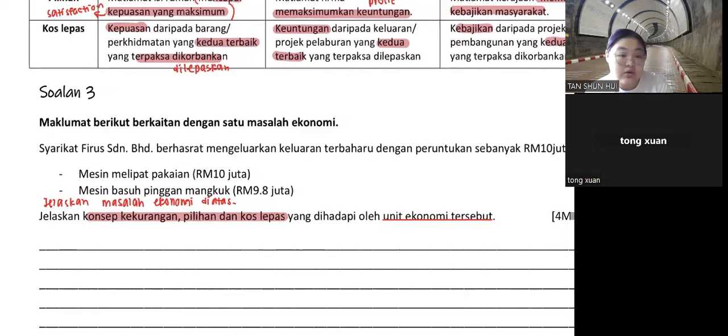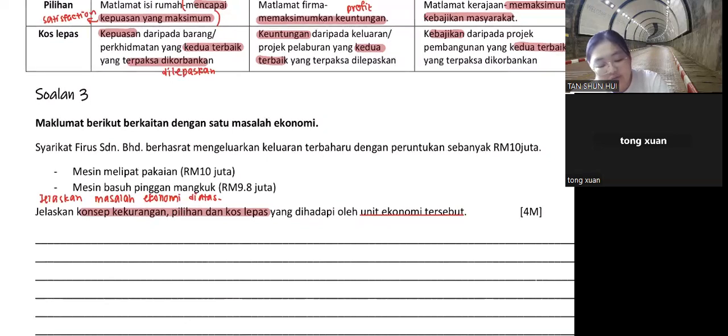So let's read the story. They said syarikat virus sendirian berhad. Syarikat virus is a firma. So your first mark comes already when you tell me this is a firma. And then they say it berhasrat mengeluarkan keluaran baharu dengan peruntukan 10 juta. So now he only has 10 juta, the kekurangan.